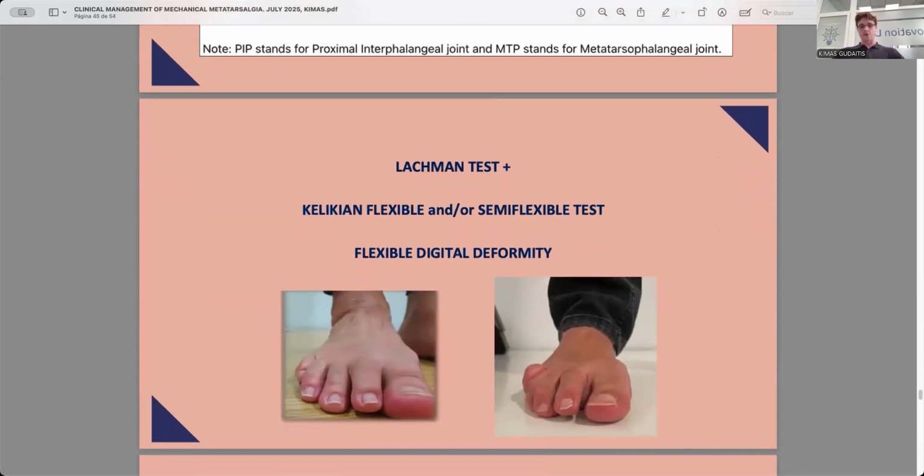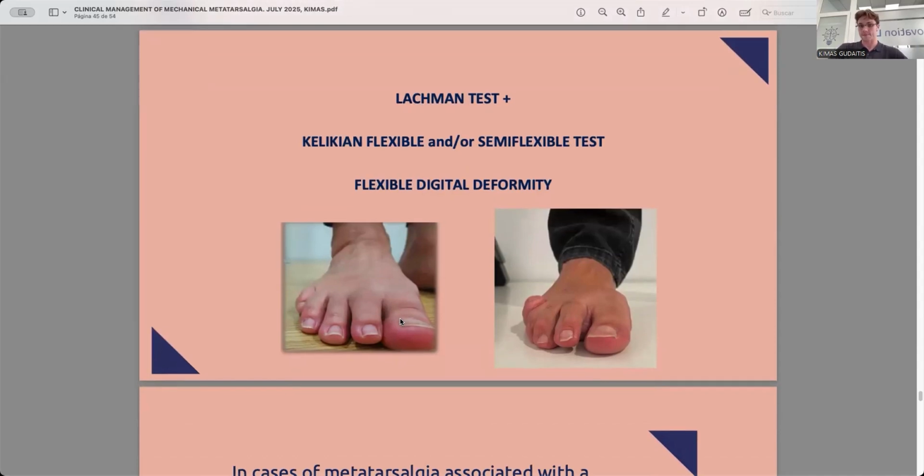So we use the Fixtoe device when we have a positive Lachman test, a flexible or semi-flexible Kellikian test, and a flexible digital deformity. These are the key clinical signs that indicate the Fixtoe is appropriate to support the toe, reduce pain, and prevent further deformities.